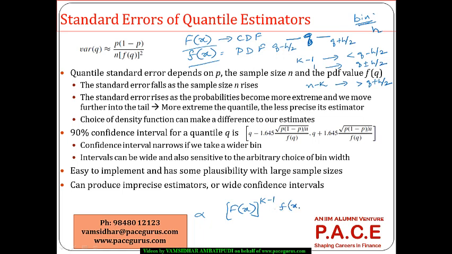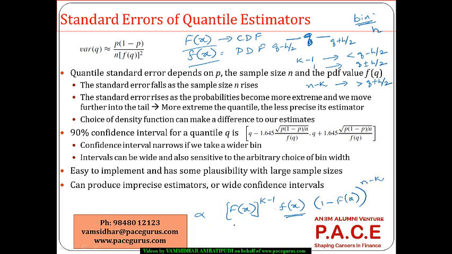Observing one value between Q plus or minus h by 2, the probability is the density function. And then I have 1 minus F of x, which is greater than Q plus h by 2, to the power n minus k.